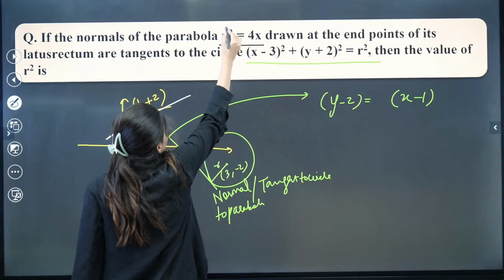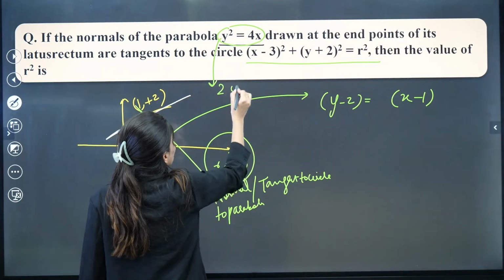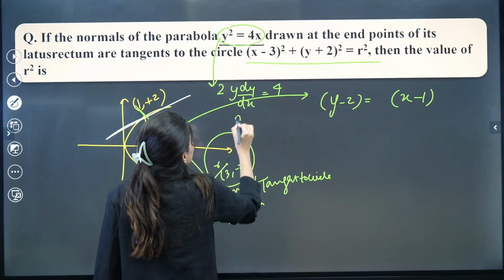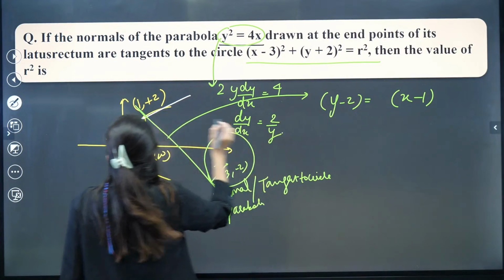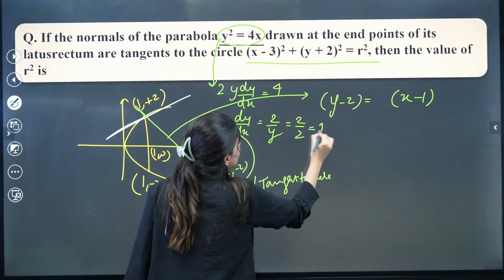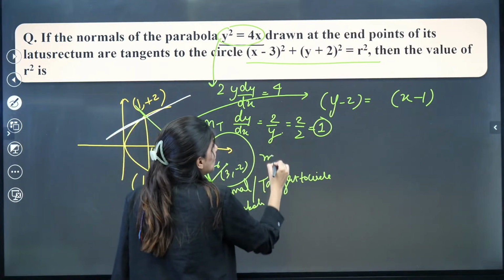can I calculate the slope of the tangent? Differentiating, 2y dy by dx will be equal to 4. So dy by dx is nothing but 2 by y. Y over here is 2, so this is 2 by 2. So dy by dx is 1. This is your slope of tangent. Now what about the slope of normal?